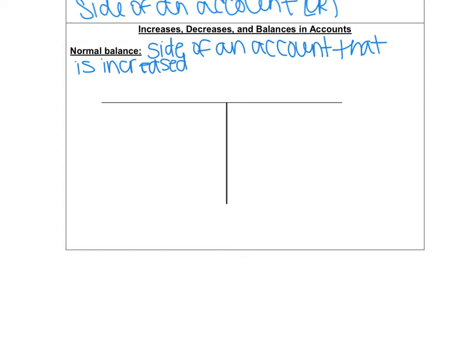Okay, so we're going to look at some different accounts and if they're on the left side or right side of the T account. So up here at the very top, I'm going to redraw this. Assets over here on the left equals liabilities plus owner's equity.